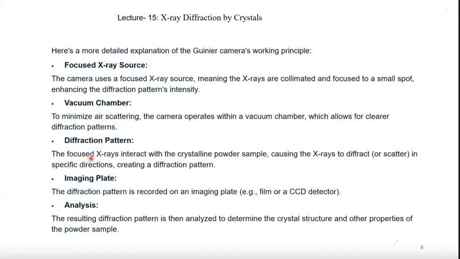The focused X-ray interacts with the crystalline powder, causing X-rays to diffract in specific directions, creating a diffraction pattern. How do we record it? We can use an image plate, film, or a CCD detector. Then we analyze the pattern to determine the crystal structure and other properties of the powder sample.